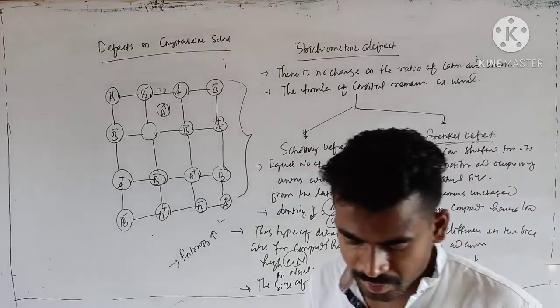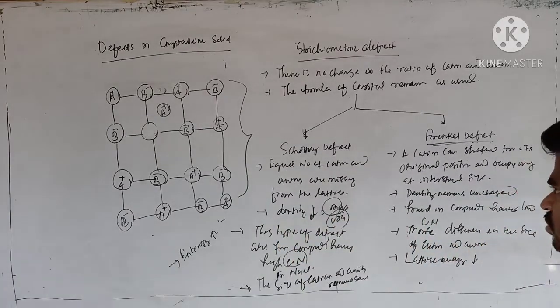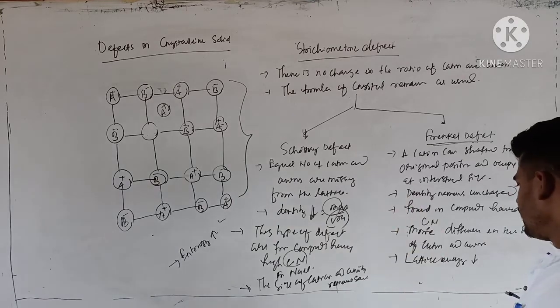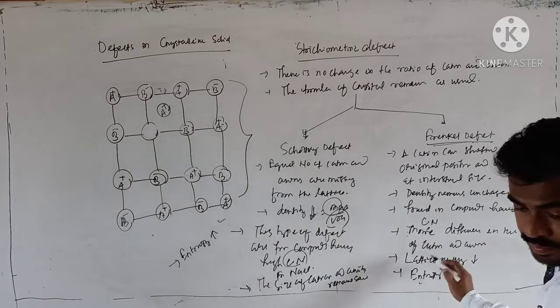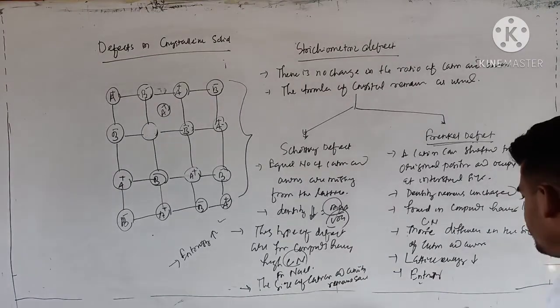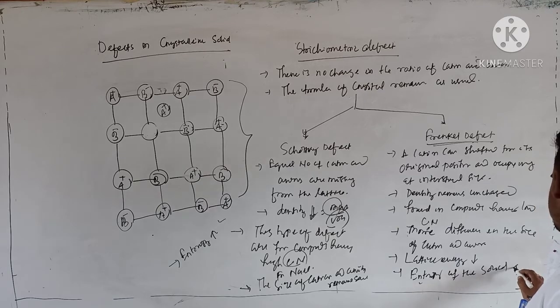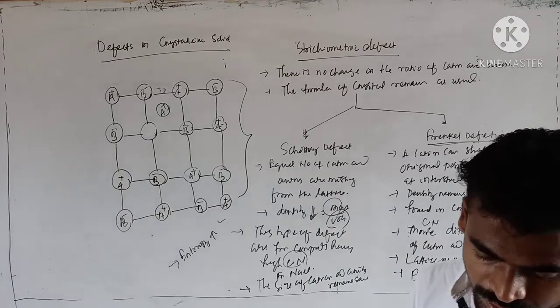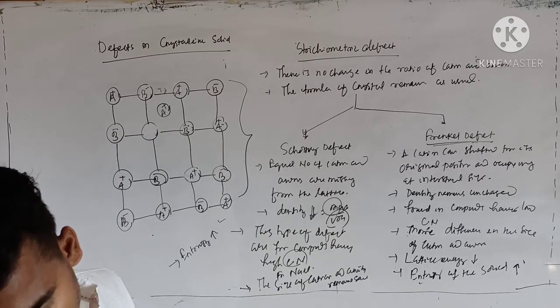Is that clear? Again, in Frenkel defect as in Schottky defect, due to random arrangement, the entropy of the solid also increases. Is that clear? So this is about Schottky defect and Frenkel defect.